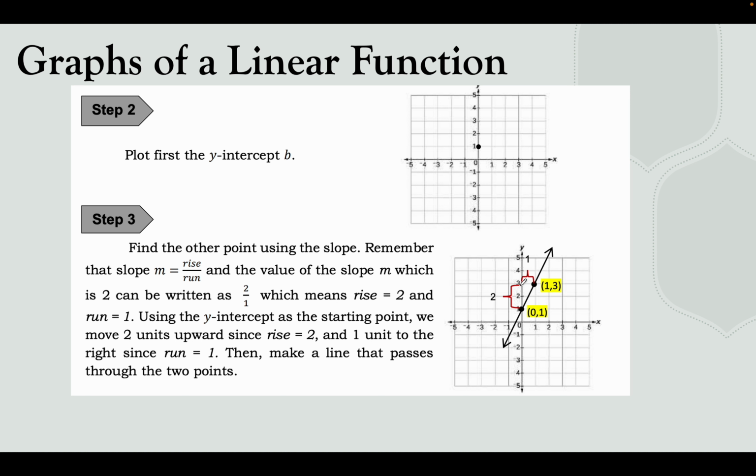And then 1 unit to the right since our run is 1. So that means your point is here. So we have your next point is 1 and 3. Now, since you have 2 points now, you can draw a line that passes through your given 2 points.